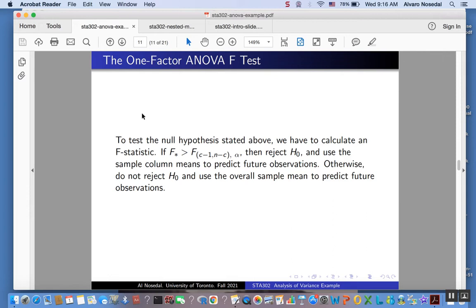We have compared complete models or more complicated models against reduced models. So maybe something that we have done together is going to be applicable to this situation. And this is just describing the rejection region for this particular F test.